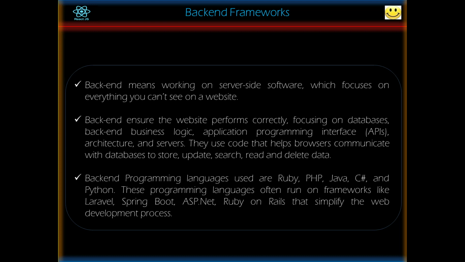They use code that helps the browser communicate with databases to store, update, search, read, and delete data. Backend programming languages used are Ruby, PHP, Java, C#, and Python. These programming languages often run on frameworks like Laravel, Spring Boot, ASP.NET, Ruby on Rails that simplify the web development process.